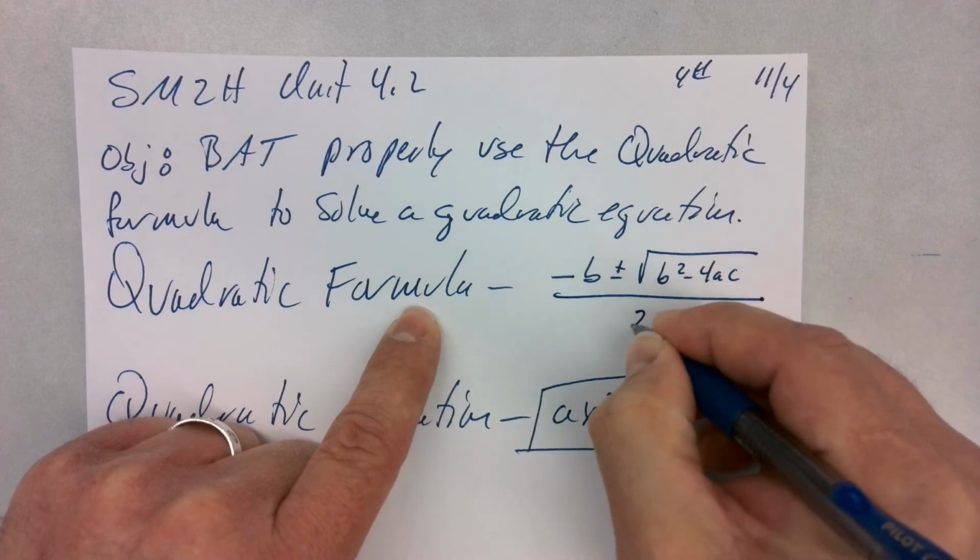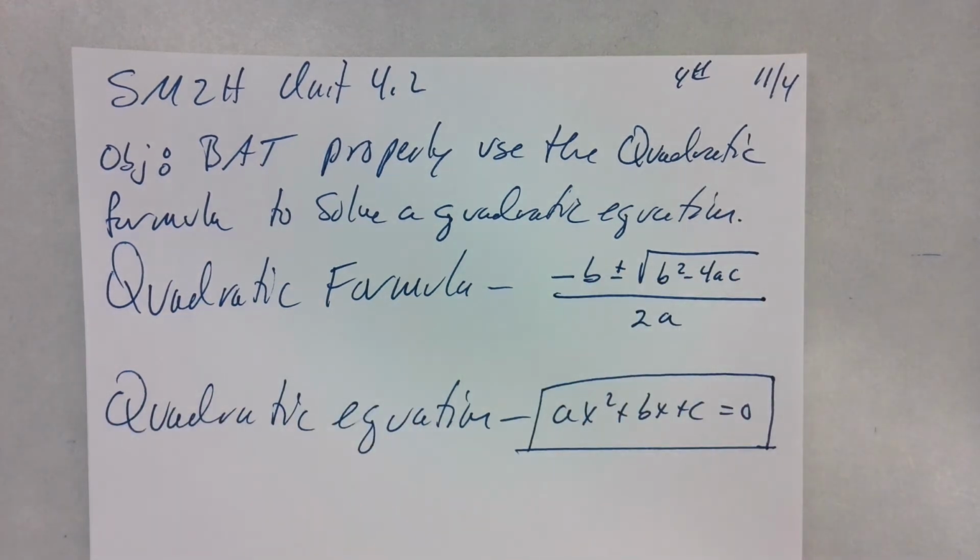Something you will use in every math class you take from now on. Negative b plus or minus the square root of b squared minus 4ac all divided by 2a. Where are all the a's, the b's, and the c's coming from?